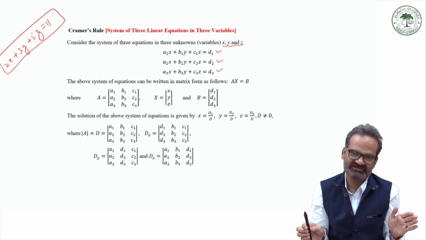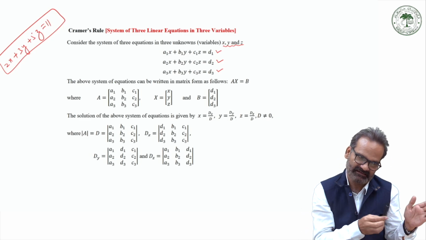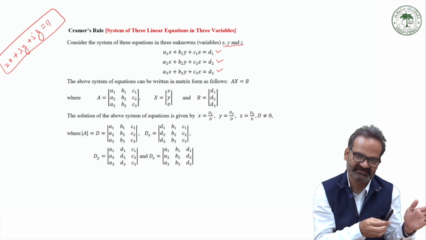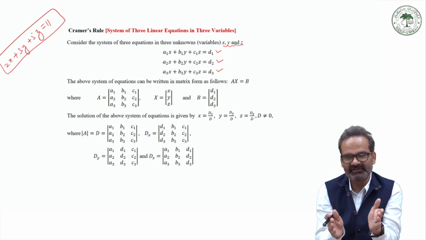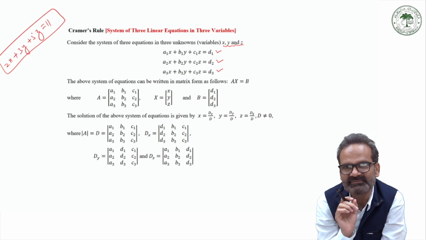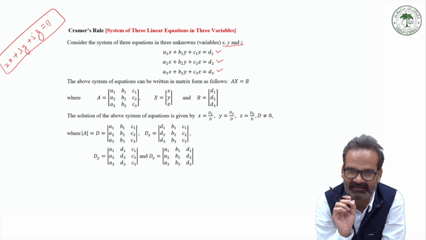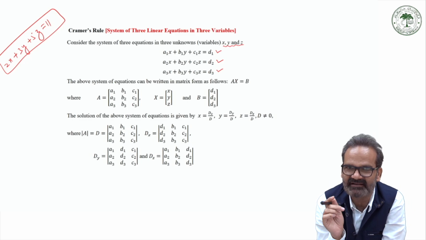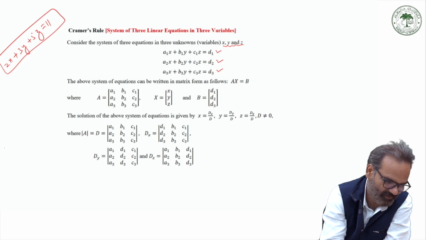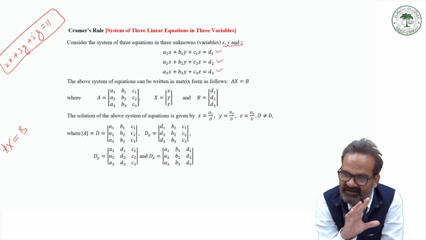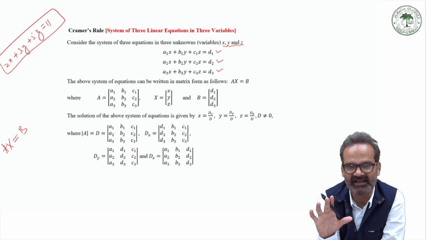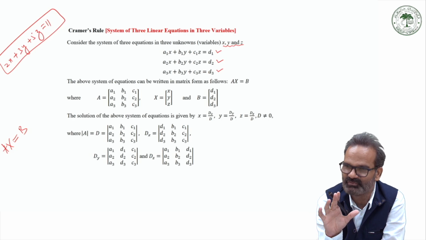Now we will use the same technique as we used in the last case, having two equations in two variables. We will transform this system of equations into a matrix equation of the type AX is equal to B. A, X and B will have the same meaning as they had in the case of two equations.